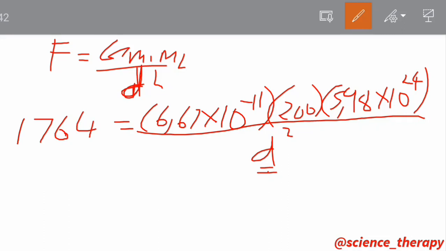Then in order to calculate this one, we'd have to cross multiply here. But because we are looking for the value here, the easy way is just to swap the values here. So bring this over here and take that one to that other side. It's the same thing as cross multiplying, but because you're looking for this value, you just swap the values like that.